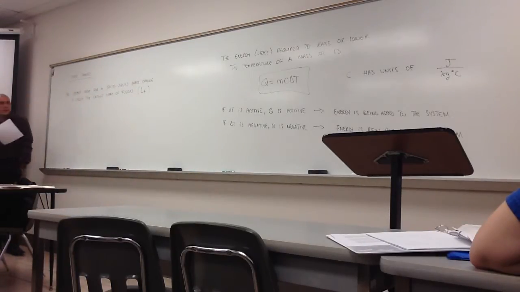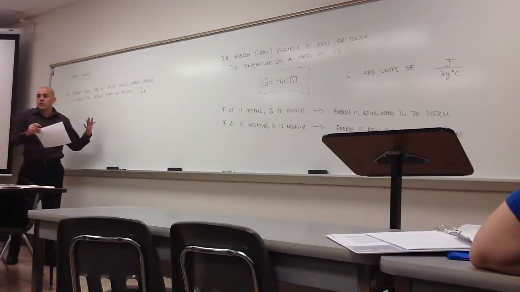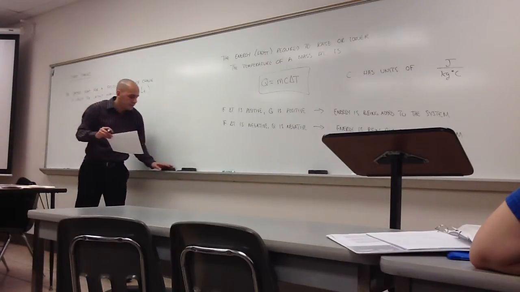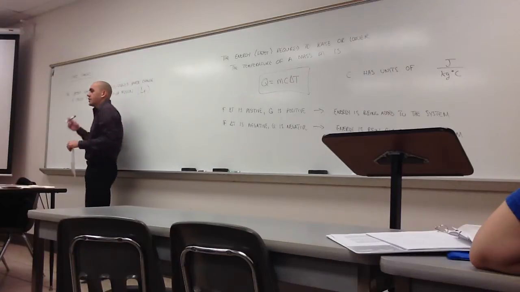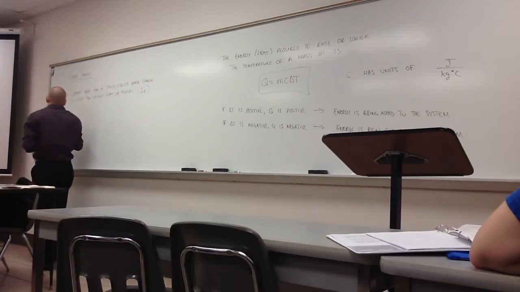The latent heat is really just a measure of the amount of energy that you need to change the phase of a mass. It's going to have units of joules per kilogram.